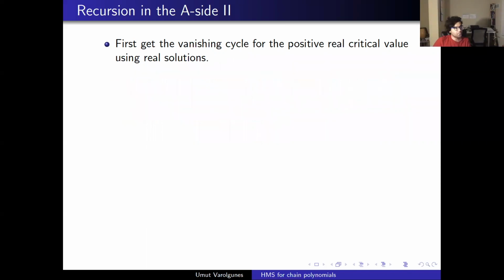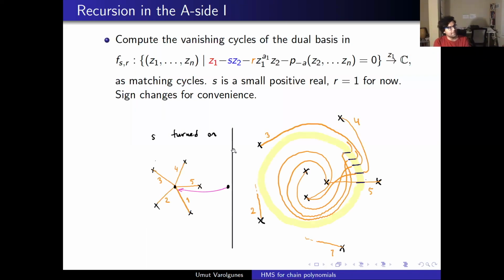Okay, so now I'm perturbing in a different way. So these will move just slightly. They will stay more or less where they are. And now I turn on S not in the small positive real direction, but in roughly this direction. Okay, roughly in the direction of the unperturbed fourth critical value.